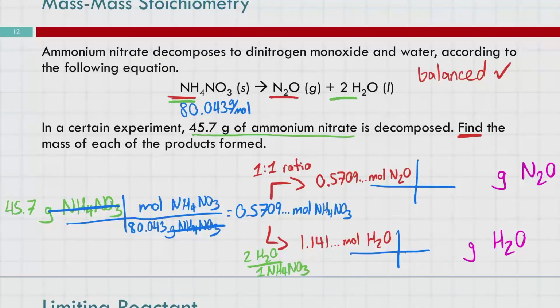And then how do we get from moles to grams? Molar mass, are we multiplying or dividing? We're multiplying. The grams and molar mass is on the top, like we see here with our ammonium nitrate. So we want the grams to be on the top so that that's what we end up with. So our N2O, 14.007 times 2 plus just shy of 16.